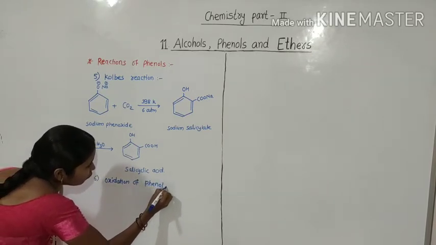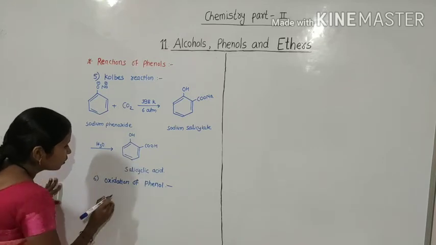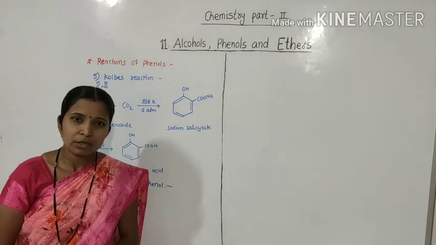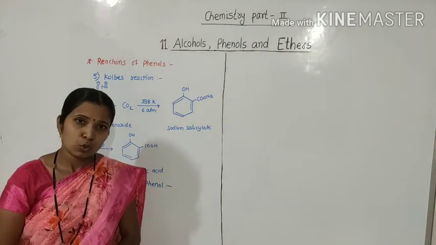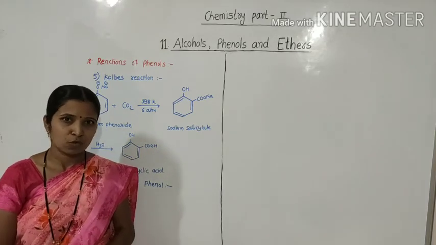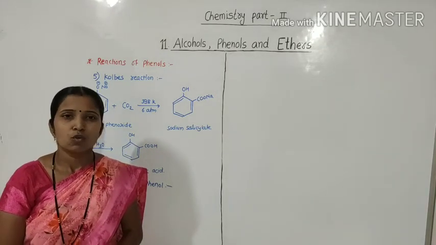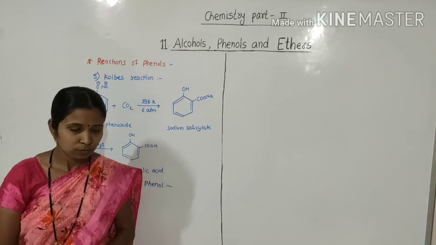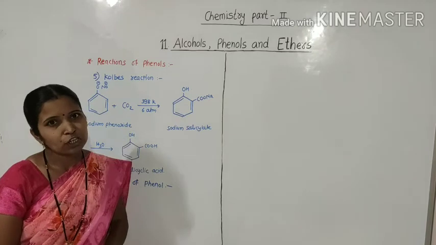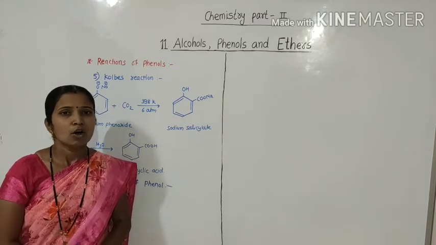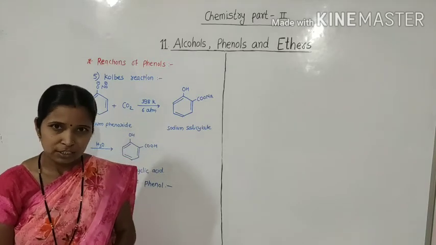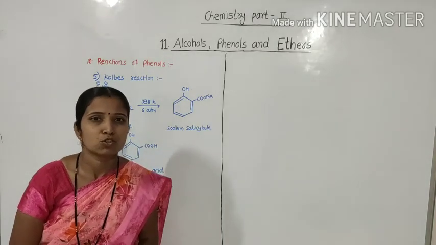Phenol on oxidation with chromic anhydride or sodium dichromate in presence of sulfuric acid forms parabenzoquinone. Here phenol on oxidation with chromic anhydride or sodium dichromate in presence of sulfuric acid forms parabenzoquinone.